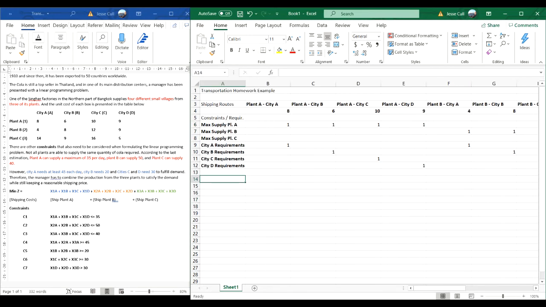And this is what the computer will attempt to tell us. The computer will run permutations of this to find our optimal solution.